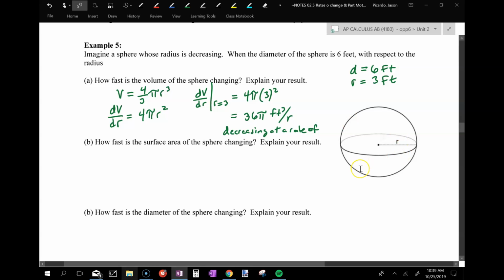All right, how fast is surface area changing? Well, surface area is 4 pi r squared. And so my derivative of surface area with respect to the radius is what? What's my derivative here? 8 pi r, right?